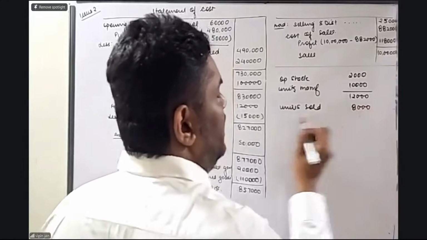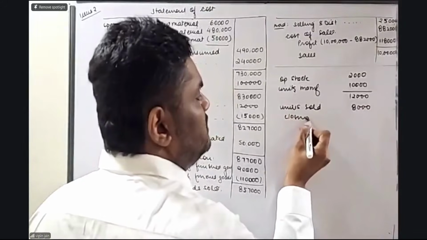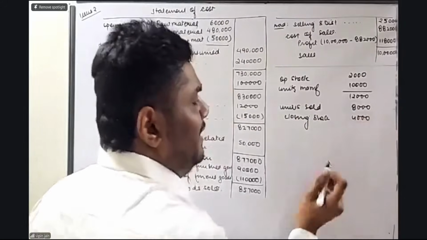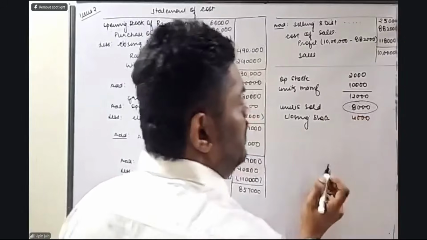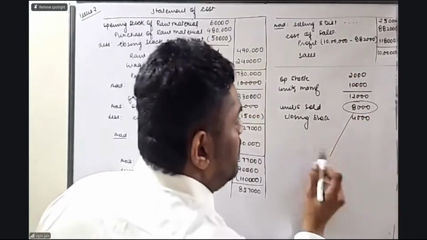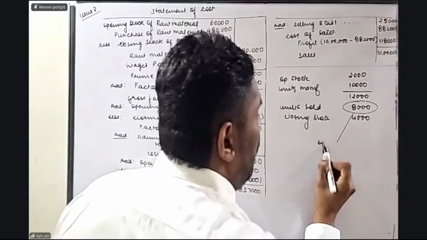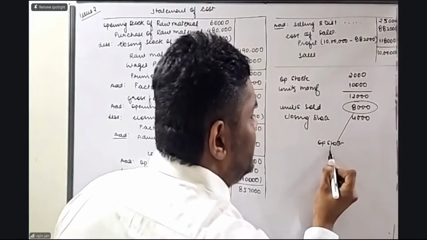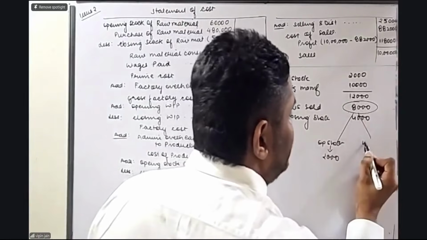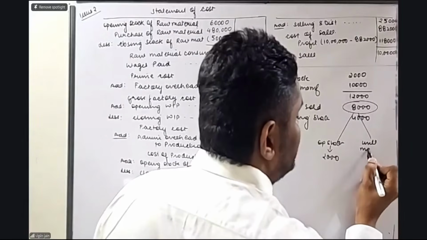It means closing stock is how much, 4,000, right? Now, talking about these 8,000 units sold, this will be from what? Opening stock units, that were 2,000 units, will be sold, and 6,000 units that were manufactured will be sold.